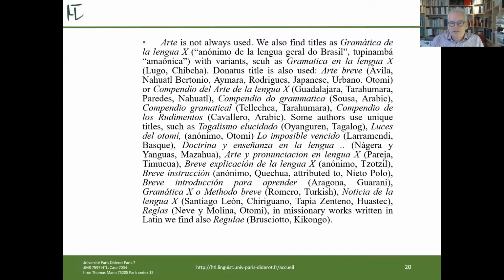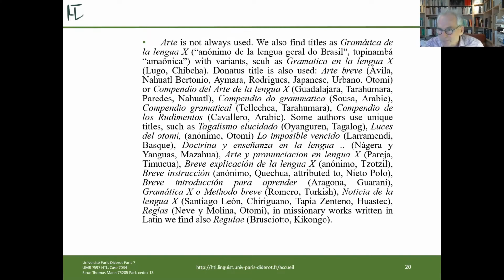Paralelismo in the middle, and Luces de la Otomí, the lights. And today I shall also take a little look at Lo imposible vencido. And you find different titles, but those are mostly linked to the inclusion of religious texts, for instance. So you can find Arte, Gramática, y Confesionario, with a confessionary, and sometimes it's just Noticia.